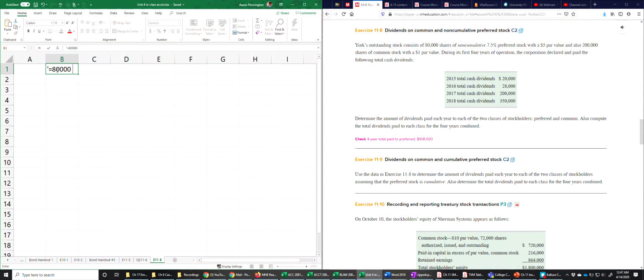I say face amount, but what I really mean is par value, and it's $5 par for the preferred, and 7.5%, which is actually the preference. We'll express that as a decimal. That gives 30,000.